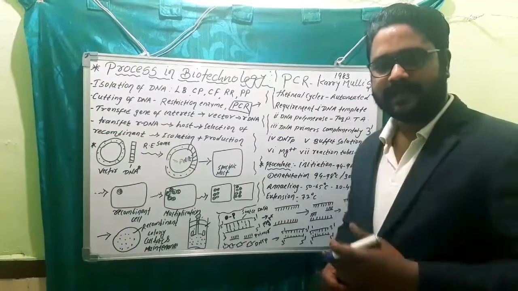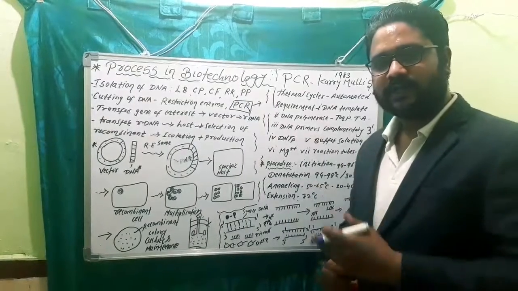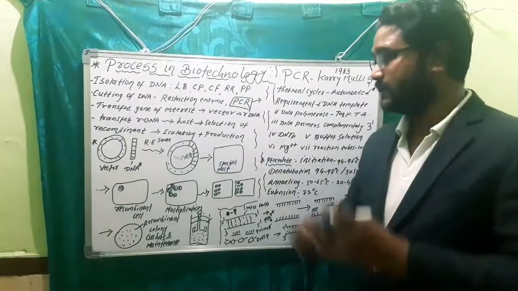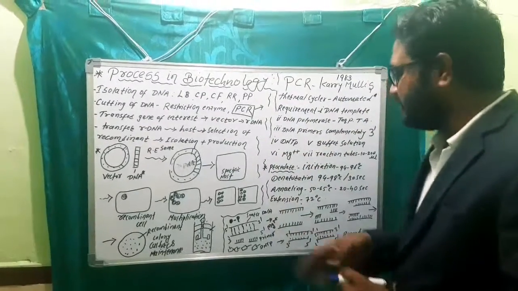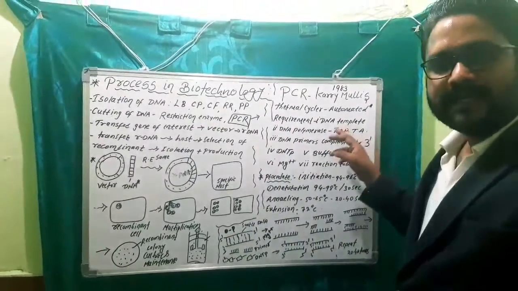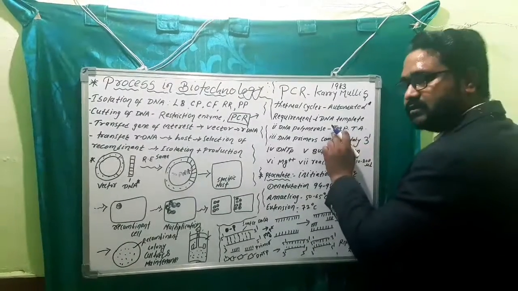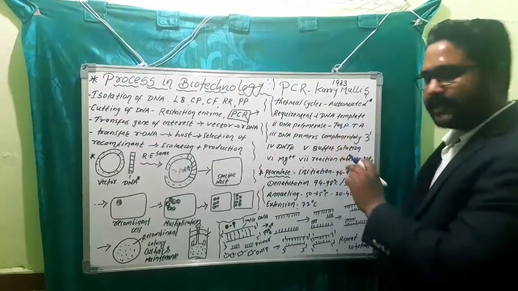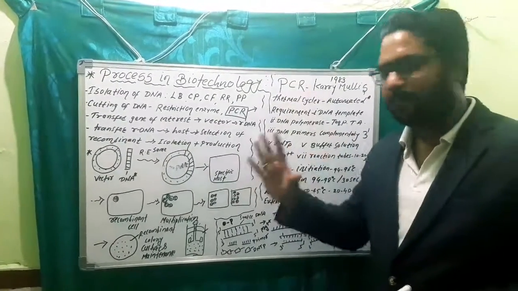They can grow at high temperature. They are thermophilic, heat loving bacteria, so they can grow at 70, 90 or 100 degrees Celsius. So from such thermophilic bacteria comes this DNA polymerase, that is Taq polymerase. Why is it called Taq polymerase? Because it is isolated from T for Thermus, AQ for aquaticus, and P for polymerase, that is Thermus aquaticus polymerase.